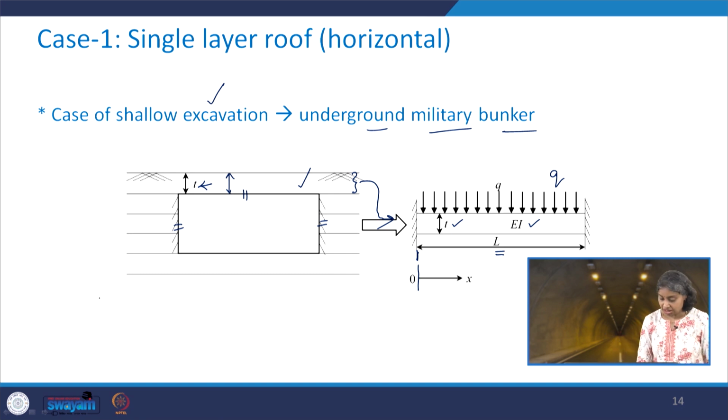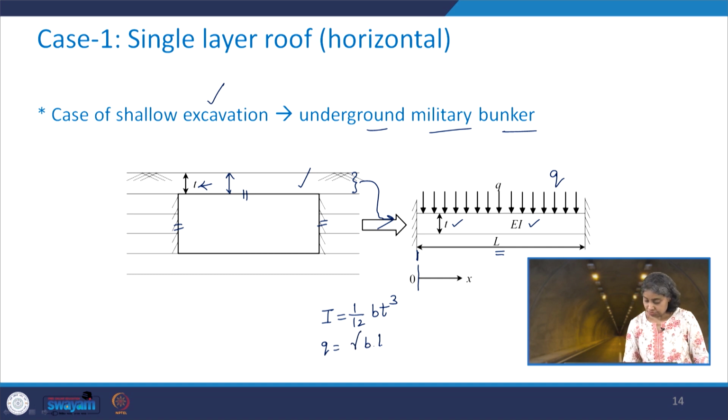Let us take a look at how the deflections and other aspects are going to be. In this case, I is going to be 1 by 12 BT cube. B is the dimension in the direction perpendicular to the plane of screen. And Q is gamma B into T.